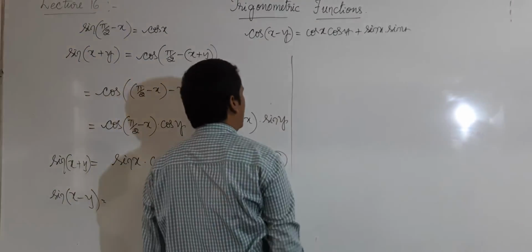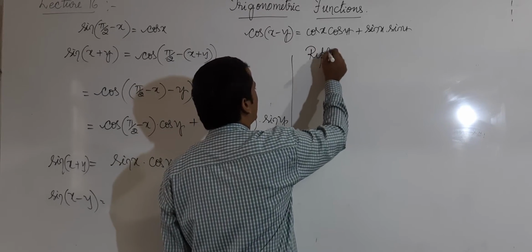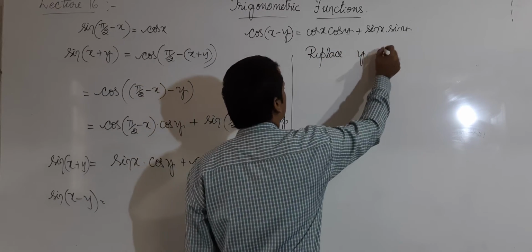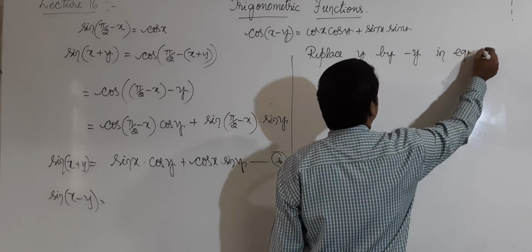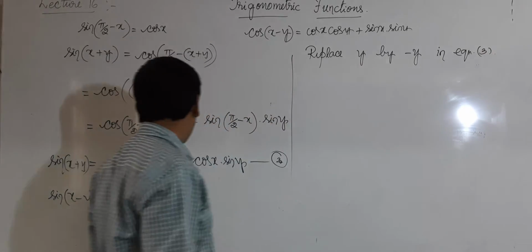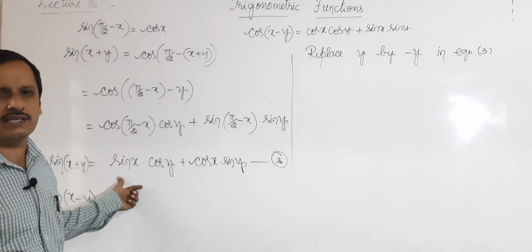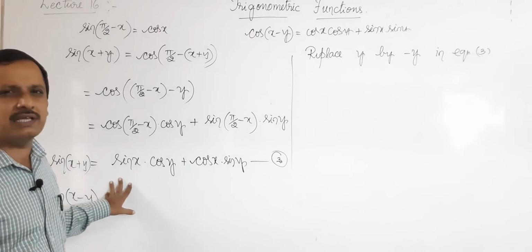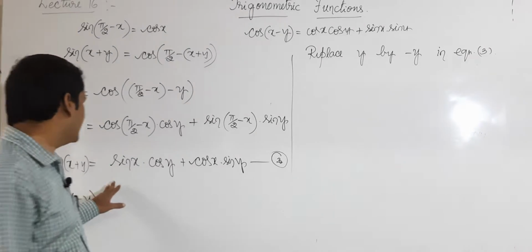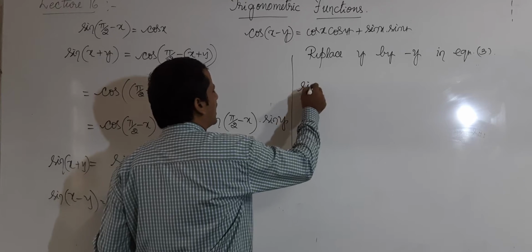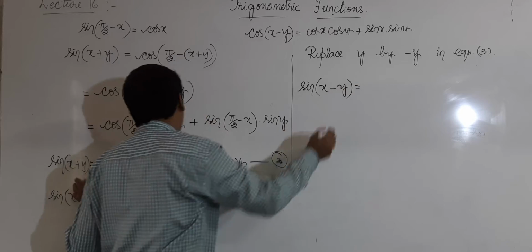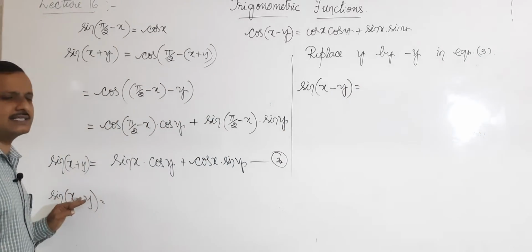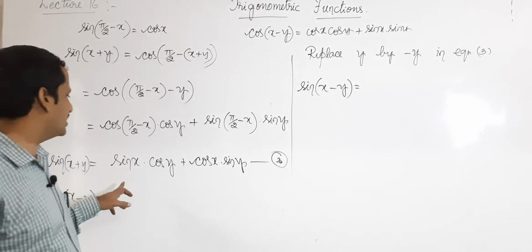For that, what I do is, I will replace y by minus y in equation 3. In equation 3, wherever there is y, I will replace that with minus y. So that will give you sin of x minus y, in place of y I am writing minus y, I am retaining x as it is and y I am changing it as minus y.